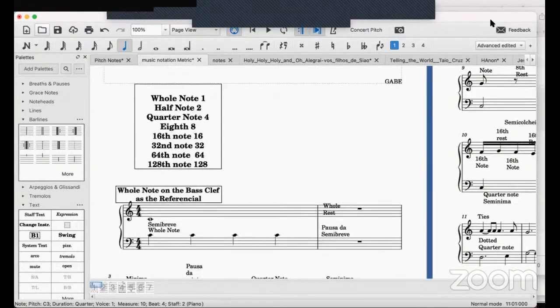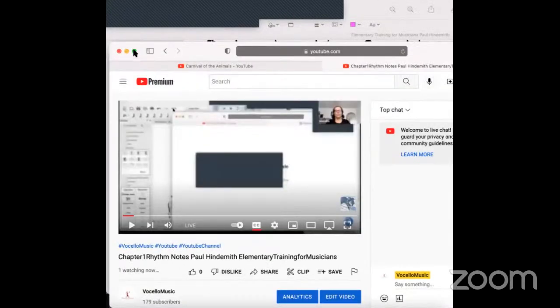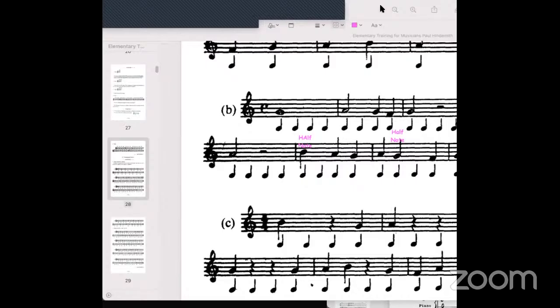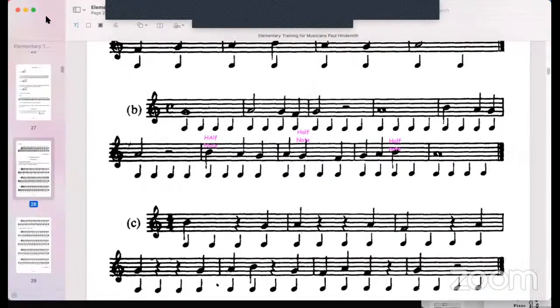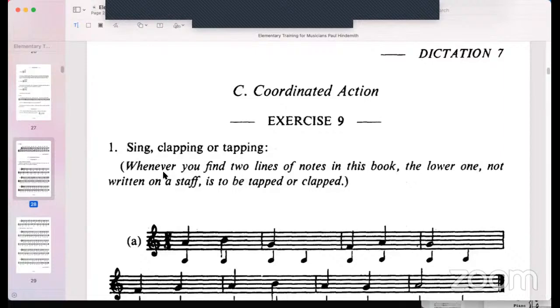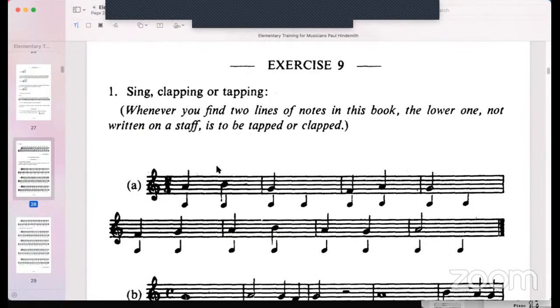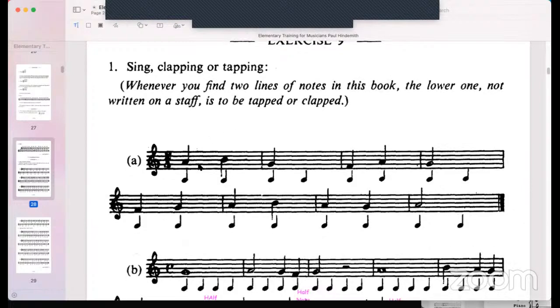So now we go to the Paul Hindemith. This is on the file of your course. This is page 28. We're going to start with exercise 9. So here is the quarter note.